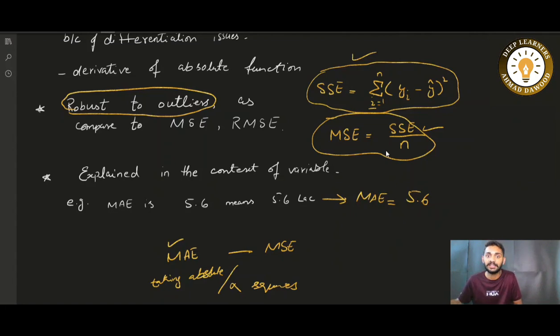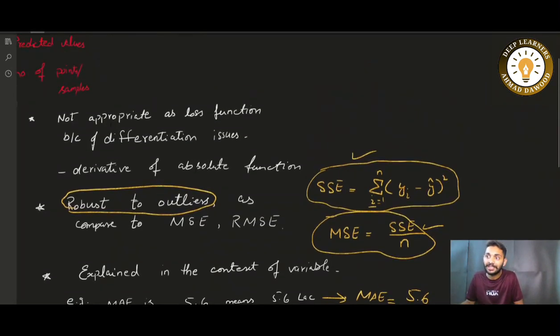The biggest reason is that mean absolute error takes the absolute value, and in the training process we have to take derivatives, differentiation. But due to the absolute nature of the function, it is not appropriate because of differentiation issues. We cannot take a direct derivative when we have an absolute function.